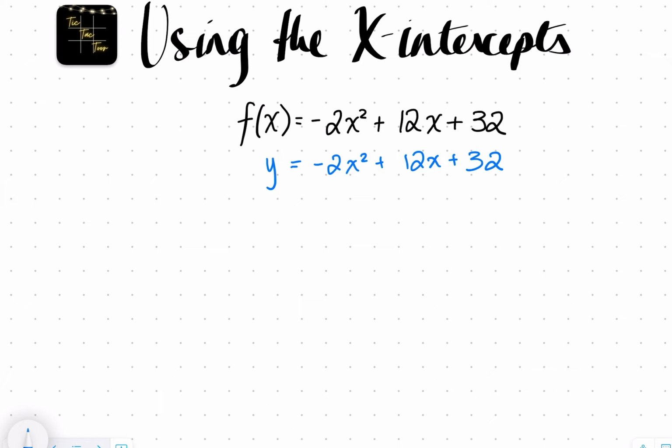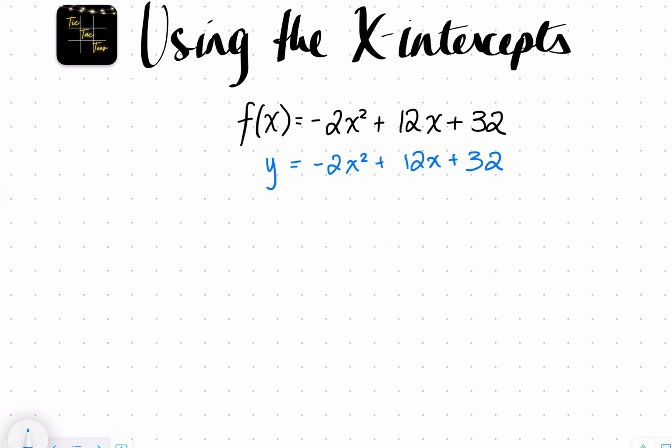But if you'd like, you could also use the quadratic formula to find your x-intercepts, and then follow through the rest of the process that I'm going to show right now, and you would still get to the same answer. Okay, so let's get started on factoring.